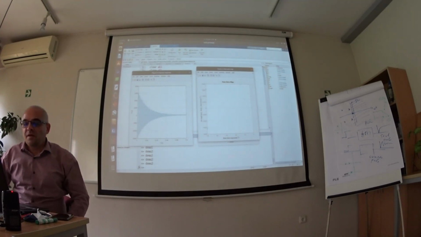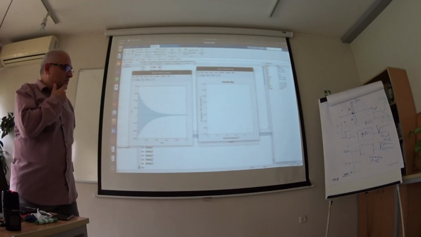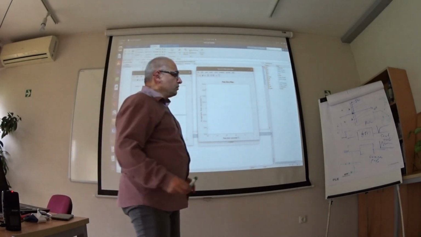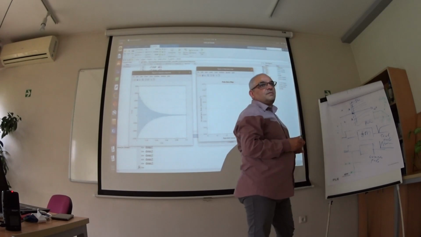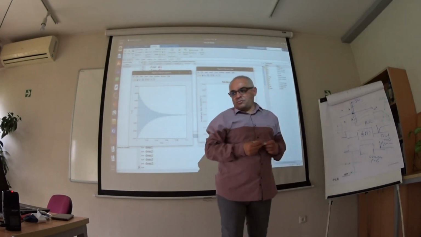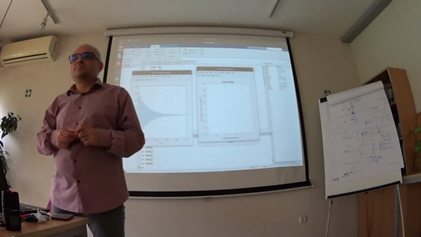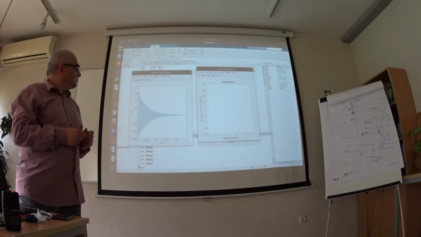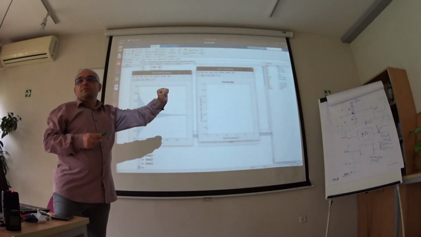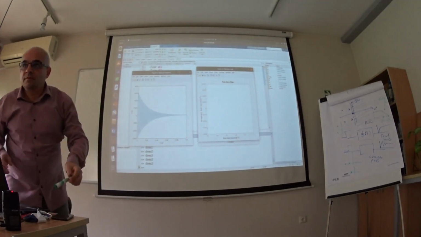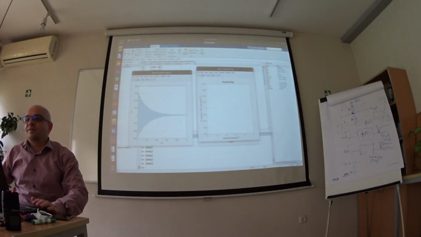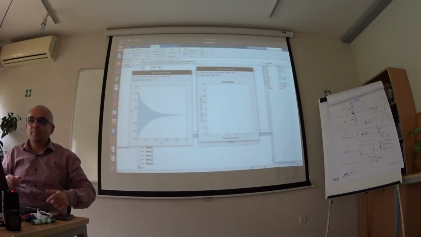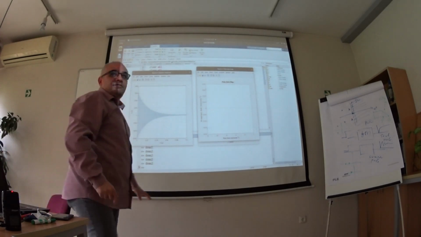What's going to happen if the poles are exactly on the j omega axis? Can you imagine? It will oscillate forever. This is a generator. By its feedback, the poles are always here.